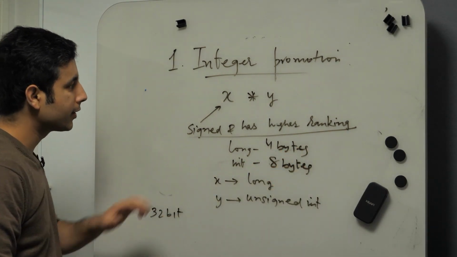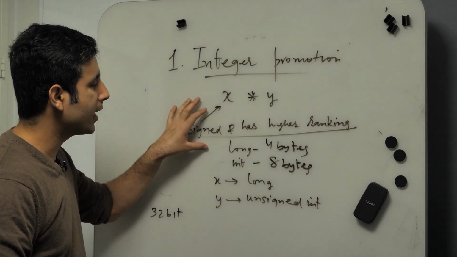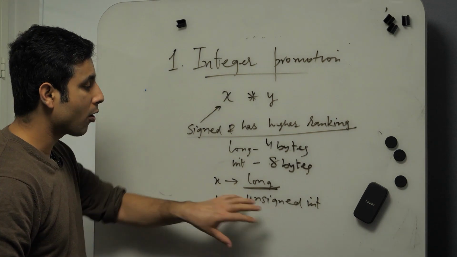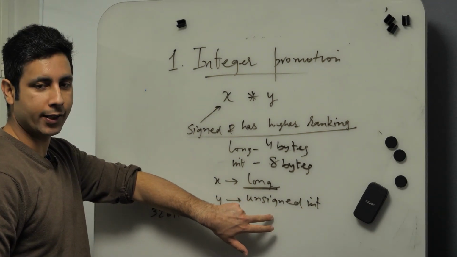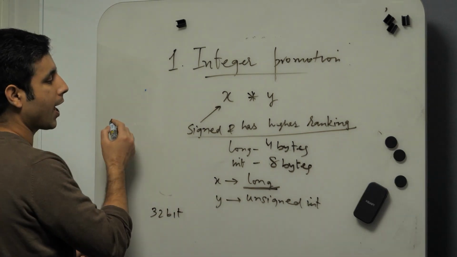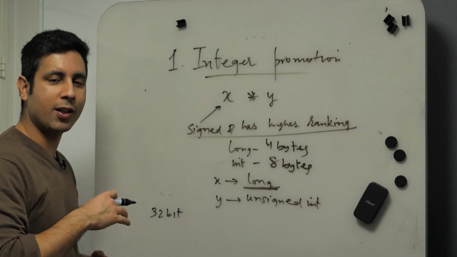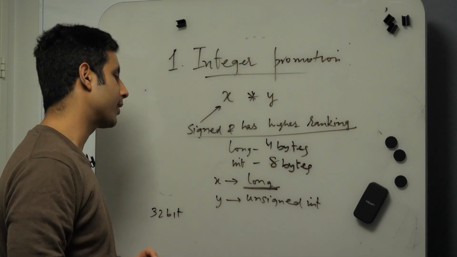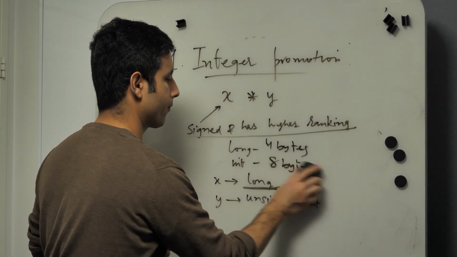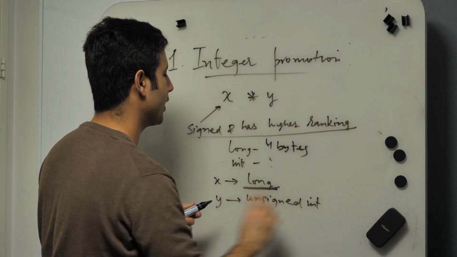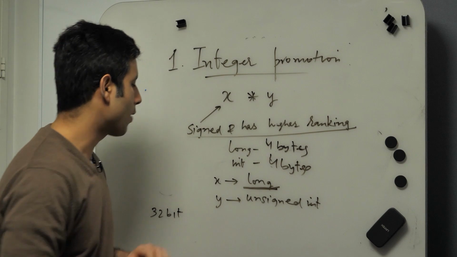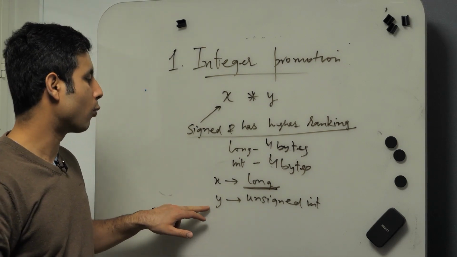Now here, x, even though signed and with higher ranking, can't represent all values of y, because it's unsigned integer encoding, and it has a range on the positive side far higher than x. So x can't represent all values of y.